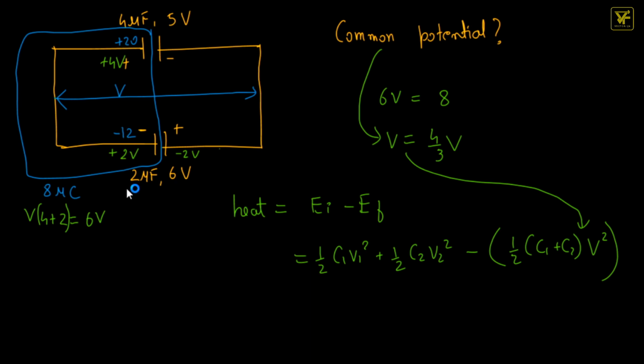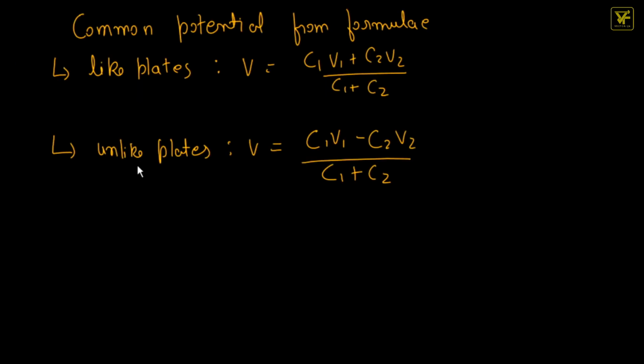So C1 V1 minus C2 V2 is 8, divided by 6. And what is 6? The addition of the capacitors, 4 plus 2, 6. So 8 by 6. So basically this formula is formed from that itself. Even if you don't remember the formula, remember the technique.